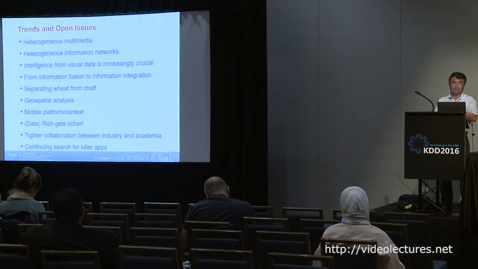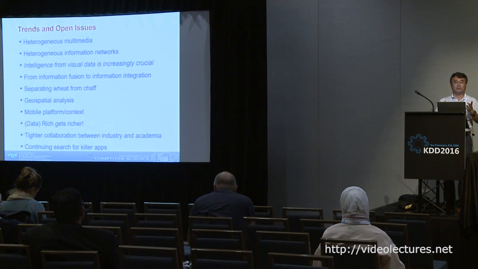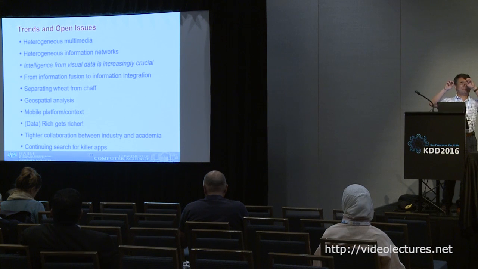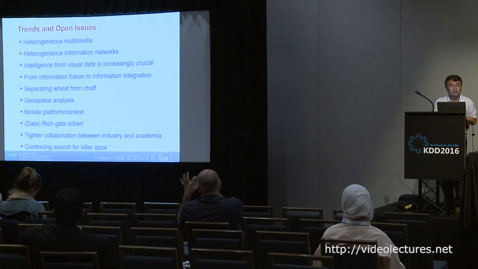These are what I believe are the open issues in using social multimedia in particular. Obviously, we need to deal with heterogeneous data modalities. And typically, you have to consider all the data modalities as interrelated in a heterogeneous information network.